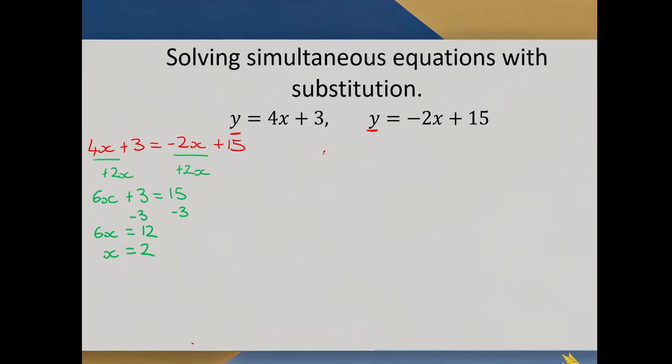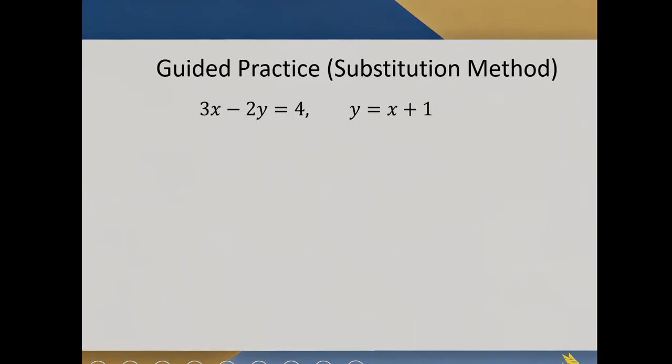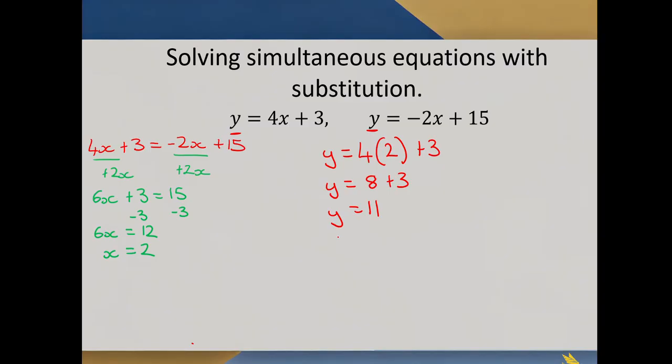Doesn't matter which one, so I'll just do my first one, y equals 4, where x is, I'll put 2, plus 3. I'm just going to simplify that. 4 times 2 is 8, plus 3, equals 11. So I've got y is equal to 11. Let's move on to the next question. Well, before I forget, I probably should have put it as a coordinate: 2, 11.